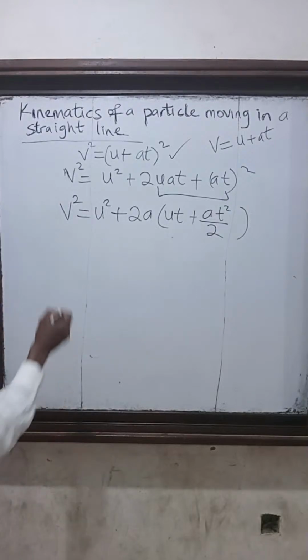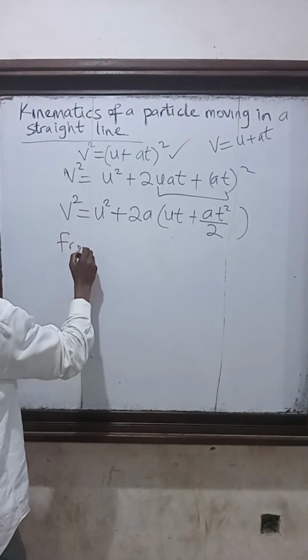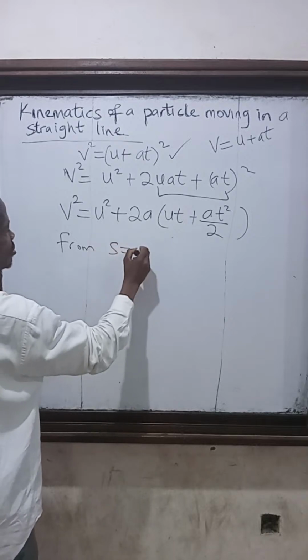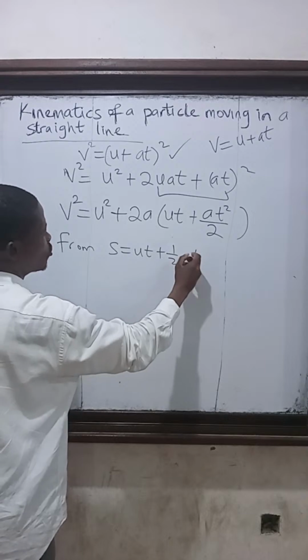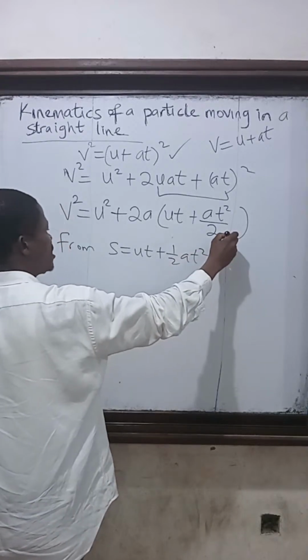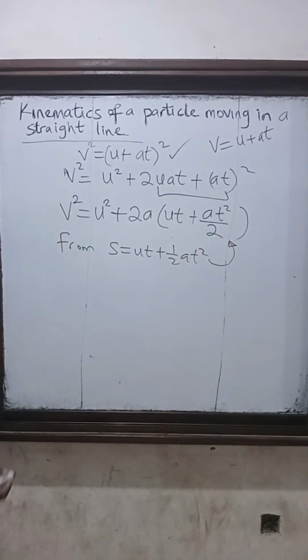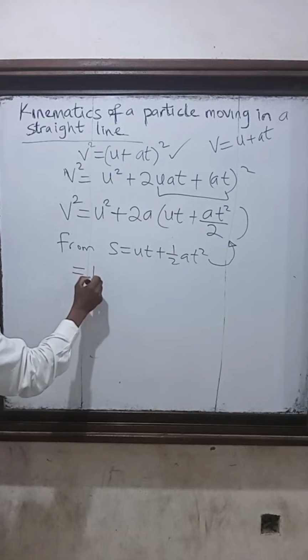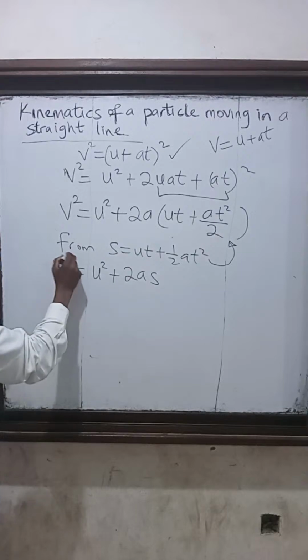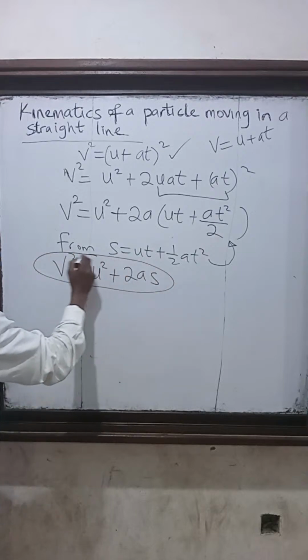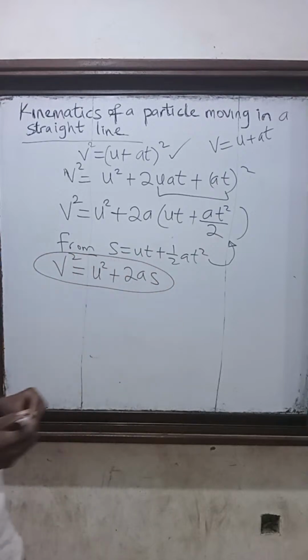And don't forget from the previous equation, x equal to ut plus half at squared. So substitute that into the above equation, and we have v squared equal to u squared plus 2ax. So that is another equation of motion.